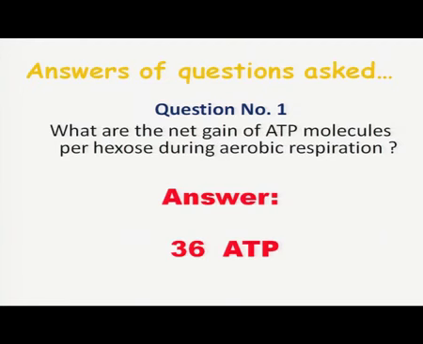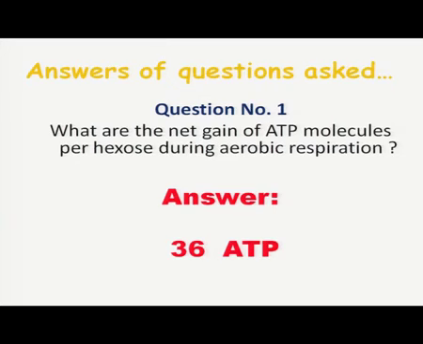I have discussed 36 ATP and 38 ATP. 36 ATP is for that particular case when acetyl coenzyme enters into the Krebs cycle, which takes 2 ATP. So the total ATP formed during cellular respiration is 38 ATP.